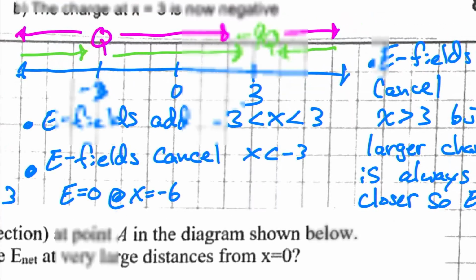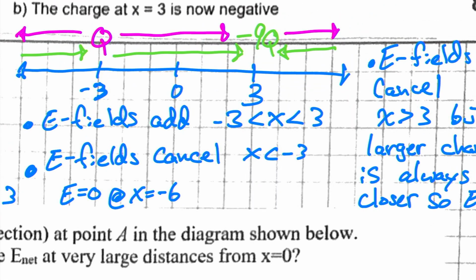And if you think about what we would have there, we'd have a field from the Q charge of negative KQ over 3 squared. Why do I say 3 squared there? It's because negative 6 is 1, 2, 3 charges, or 3 units away from negative 3. 1, 2, 3, and that's where that 3 comes from.